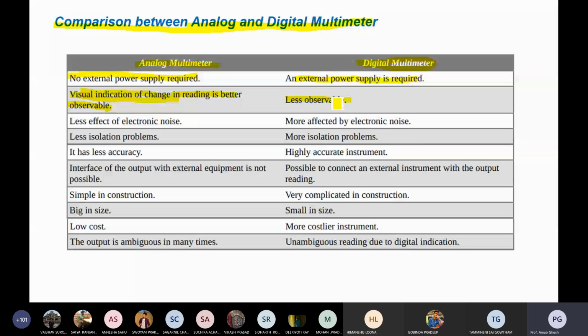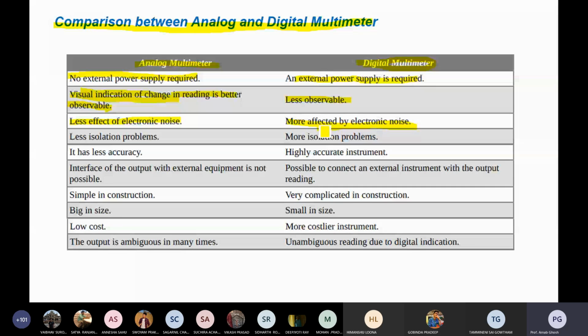Less effect of electronic noise in analog meters, more effect of electronic noise in digital meters. Definitely in an analog meter the electronic noise is less. Basically there is no effect of electromagnetic interference, EMI and EMC.